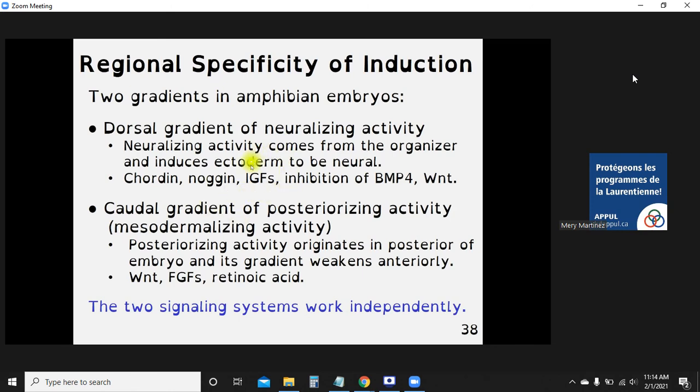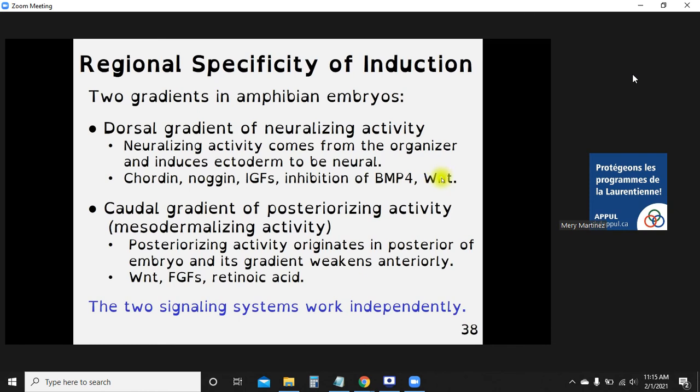We also have different IGFs. These are insulin growth factors, okay? They also have a role in anterior neural development. Then we have inhibition of BMP4 signaling, which normally is going to cause cells to become neural. But their fates along the anterior posterior axis will depend on the relative position of this axis to Wnt and FGF.